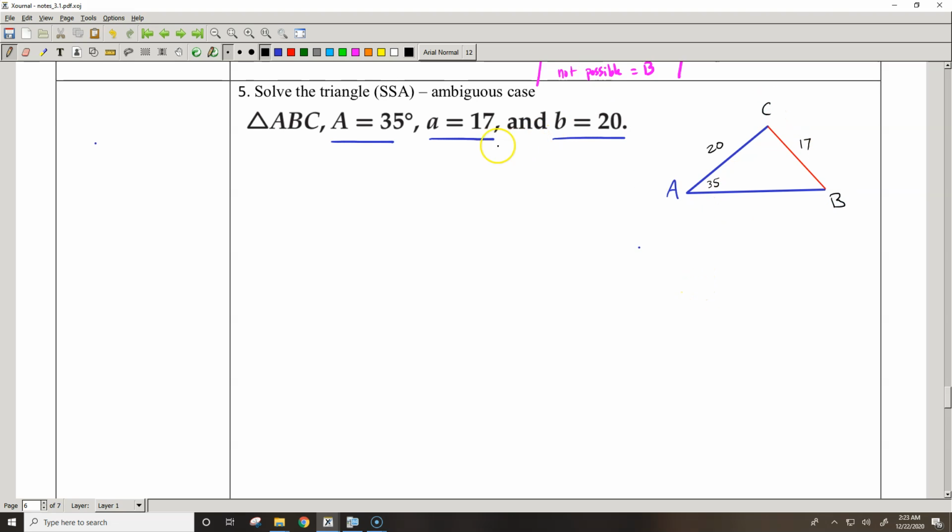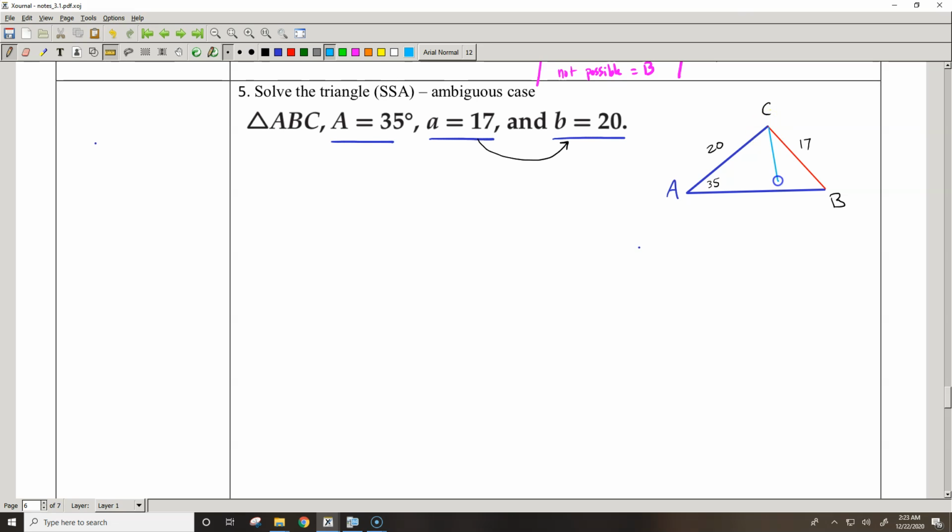Now, immediately, since we see that A is less than B, we're either going to have one of two options. Since A is not greater than B, we're not going to have one solution. We're either going to have no solution, or we're going to have two solutions. If we want to know before we even start this problem what we're going to have, we're going to calculate the height.